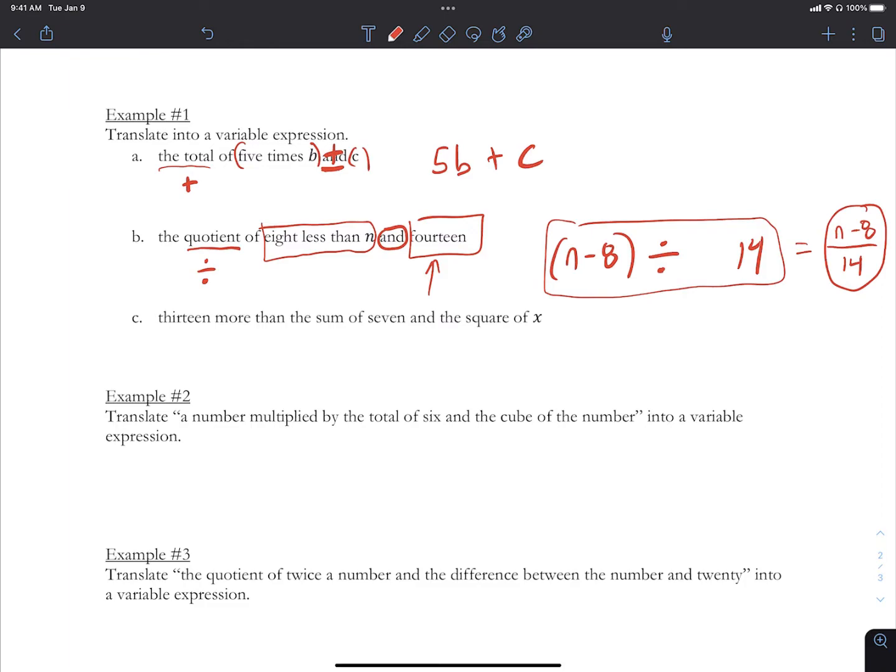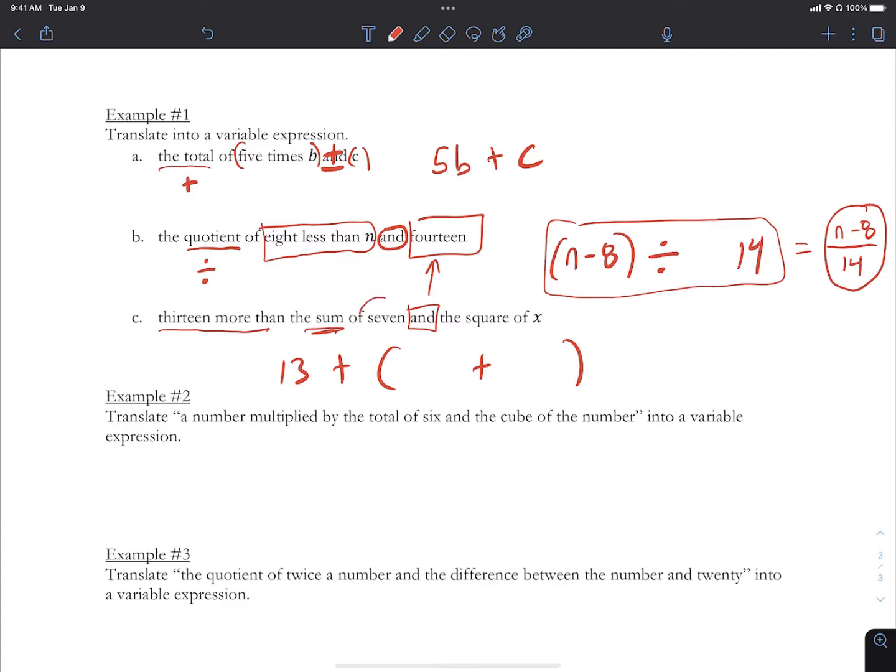So the next one is part C, which says 13 more than the sum. When I'm reading this, 13 more than the sum, I'm thinking we're going to have 13 plus some sum. So I'm going to be adding two things together, and those two things are grouped by the word and.